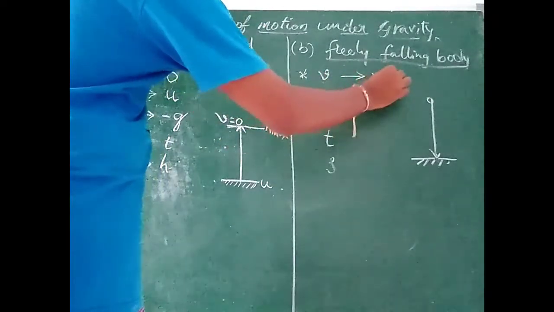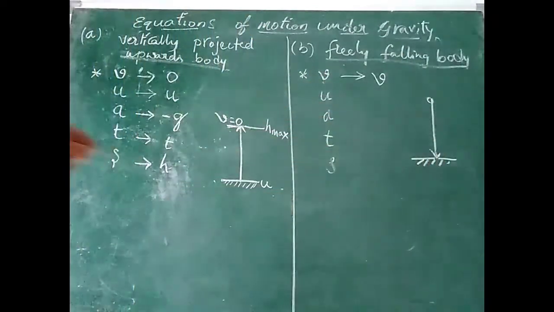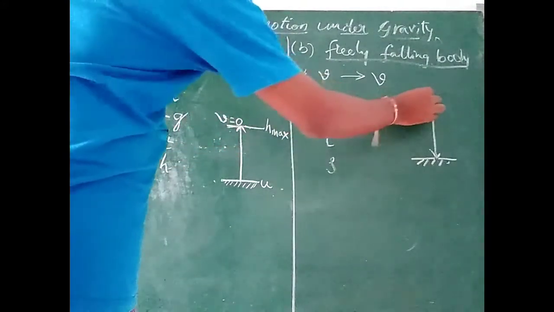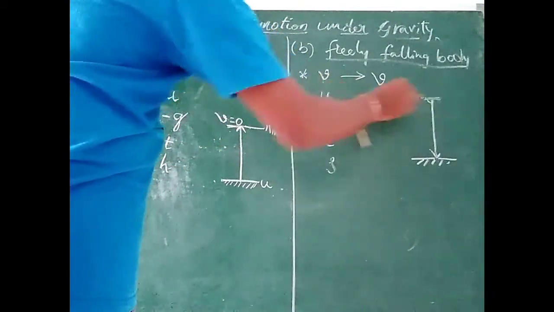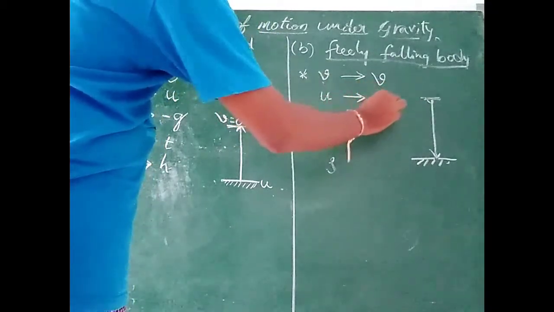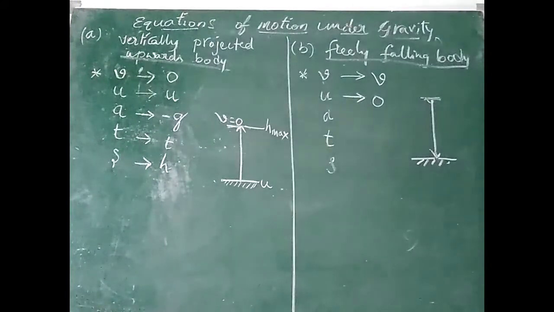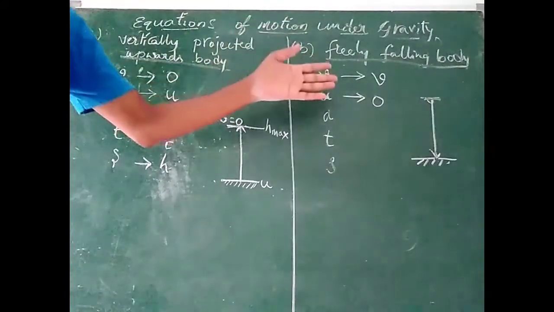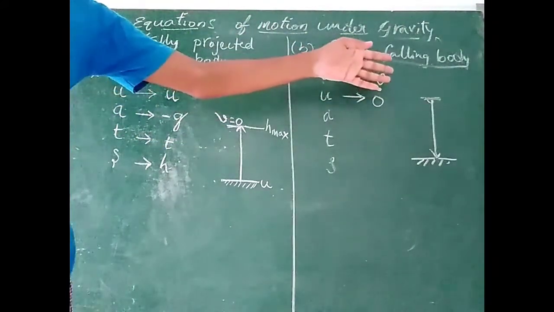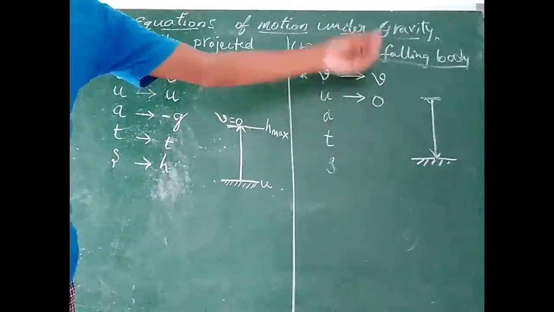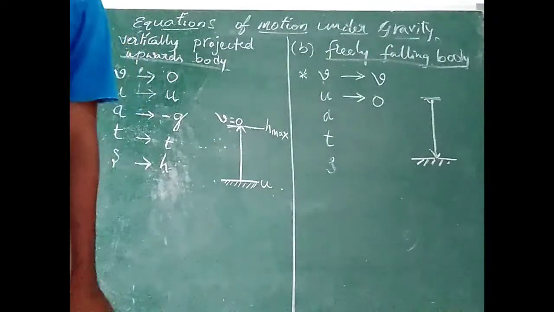And there should be no record of any initial velocity. In this case, the initial velocity U is 0, because for a freely falling body, it should not require any initial velocity, because the acceleration due to gravity pulls the body towards the earth.